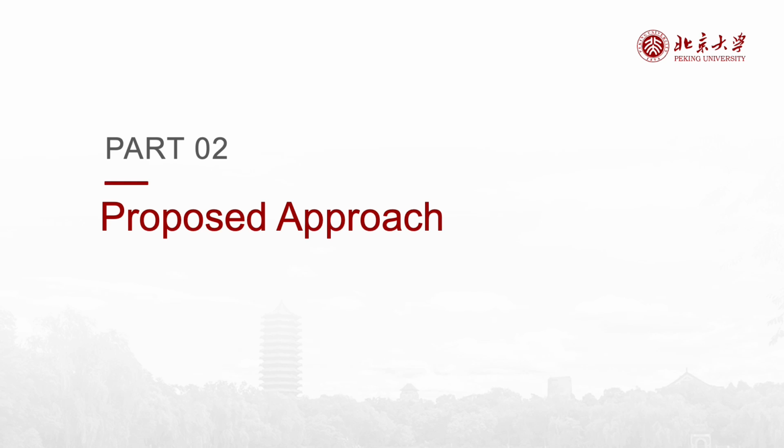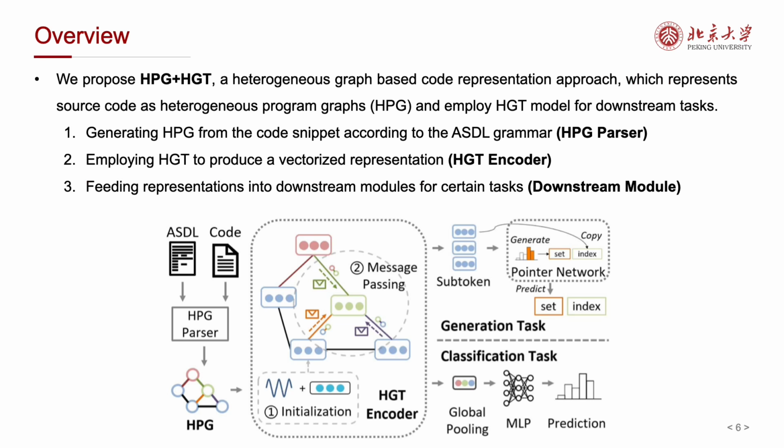Now let's introduce our proposed approach. We propose a heterogeneous graph-based code representation approach, HPG-HGT. Given an input code snippet, we first generate a heterogeneous program graph according to the ASDL grammar with our HPG parser.